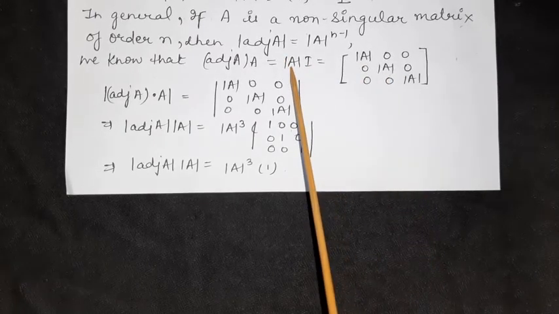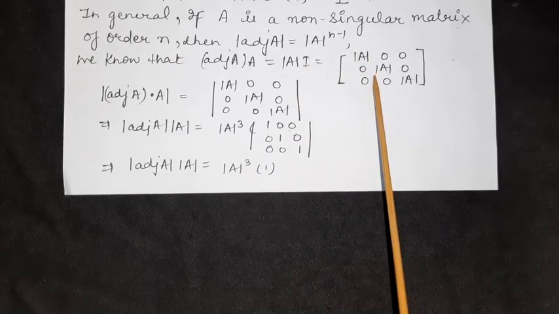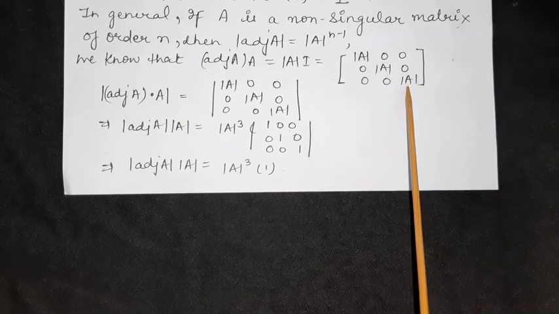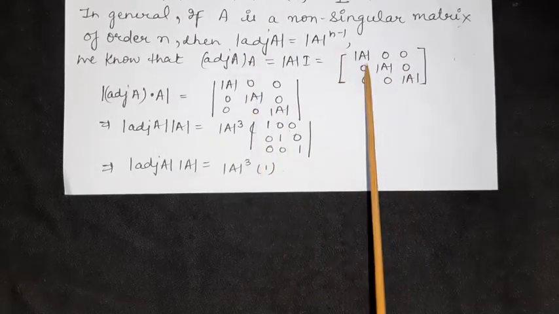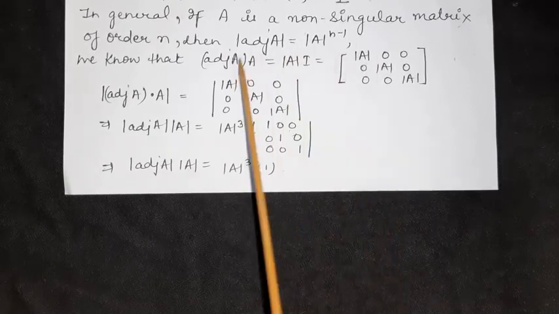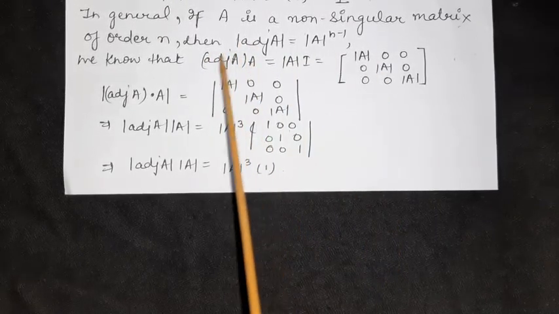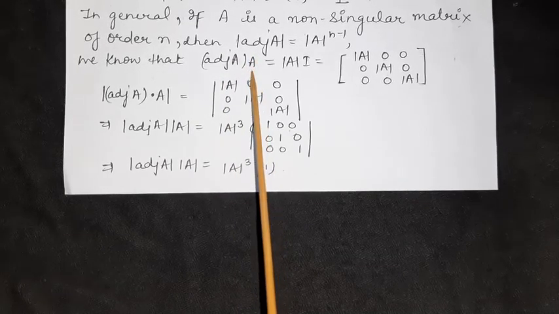When we multiply the determinant of A with an identity matrix, the diagonal elements become the determinant of A and the non-diagonal elements will be 0. Now on both sides we will take the determinant, because adjoint A into A are both matrices, so their product will also be a matrix, and we can calculate its determinant.